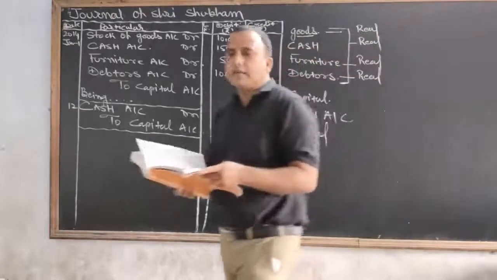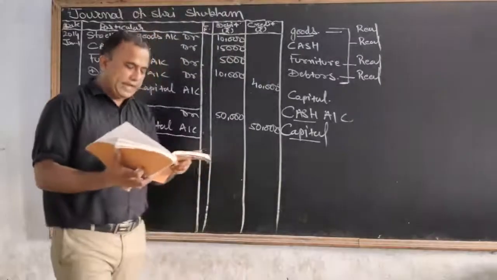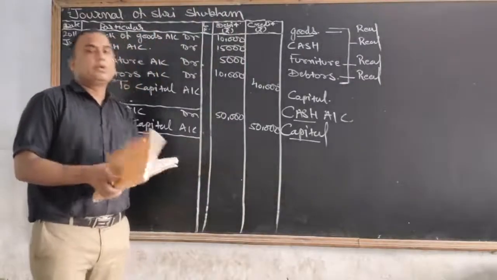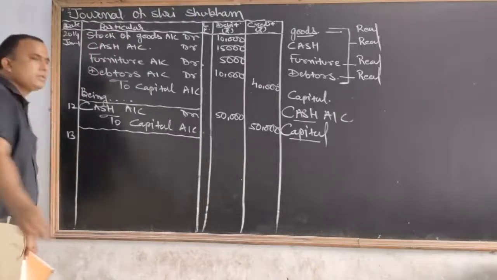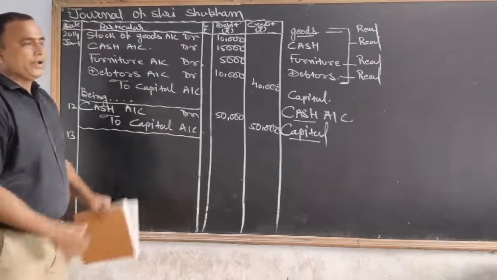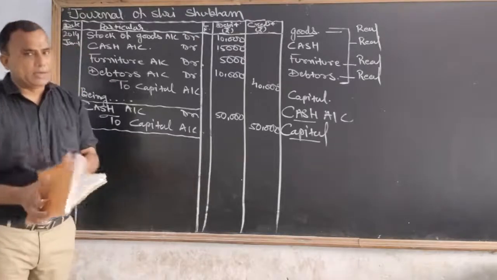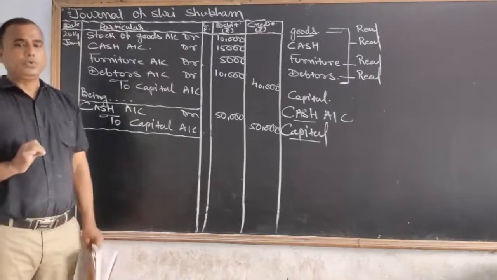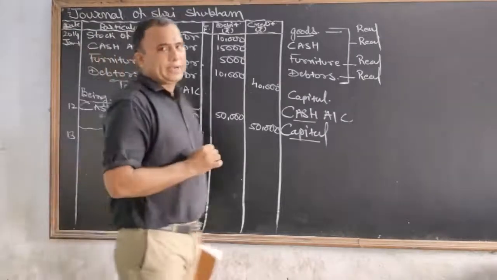Next transaction is there, number 13, rupees 1,000 withdrawn from bank for personal use. Now in this transaction, two accounts are affected.